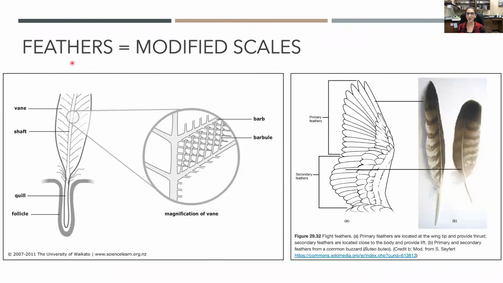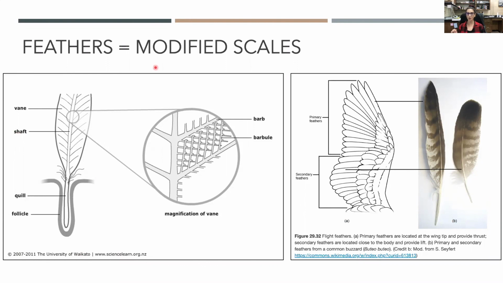Feathers are modified scales. So believe it or not, what is a scale in a reptile or the dinosaurs is a feather in the birds. And modern birds produce two main types of feathers. They have contour feathers and they have down feathers.